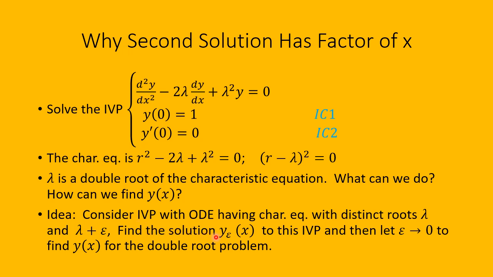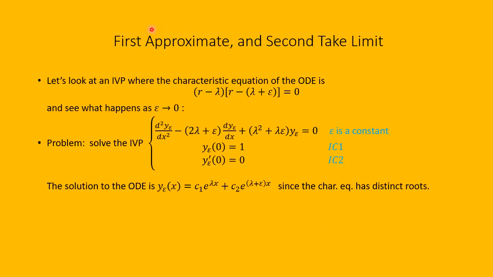So we'll find the solution y sub epsilon of x to this initial value problem, and then we'll see what happens as epsilon goes to 0, so that this problem with distinct roots gets closer and closer to the problem with a double root. So we're going to first approximate and then take a limit, secondly, as epsilon goes to 0.